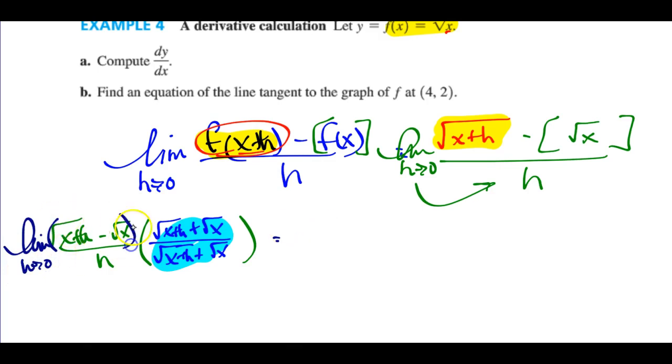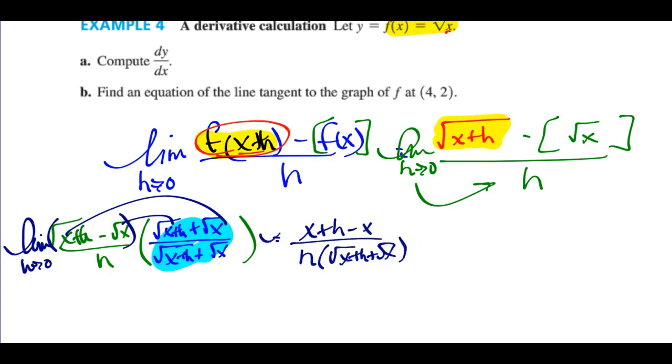So let's FOIL this out. First terms, the outer and the inner will cancel. That's the meaning of conjugate. So I have x plus h minus x over h times the square root of x plus h plus the square root of x. And I still have that limit out there, and I would hang on to that so you don't forget to just evaluate it at 0 when all is said and done. So this becomes h over h times the quantity square root of x plus h plus the square root of x.